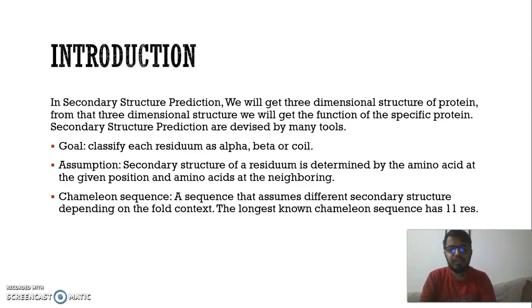With this we can understand that a similar structure, like an alpha helix, can be built up using various amino acid sequences. If a structure can be represented using various sequences, we call it a chameleon sequence, a sequence that assumes different secondary structures depending on the fold context.